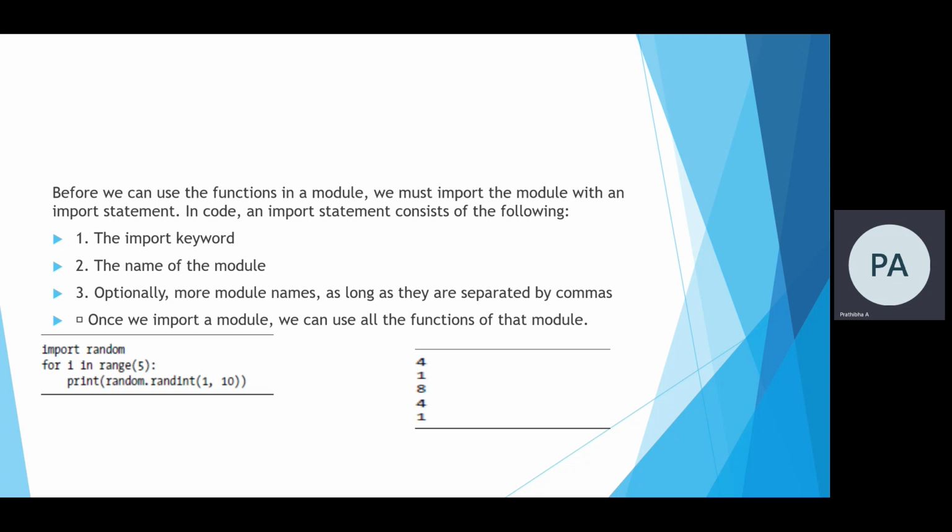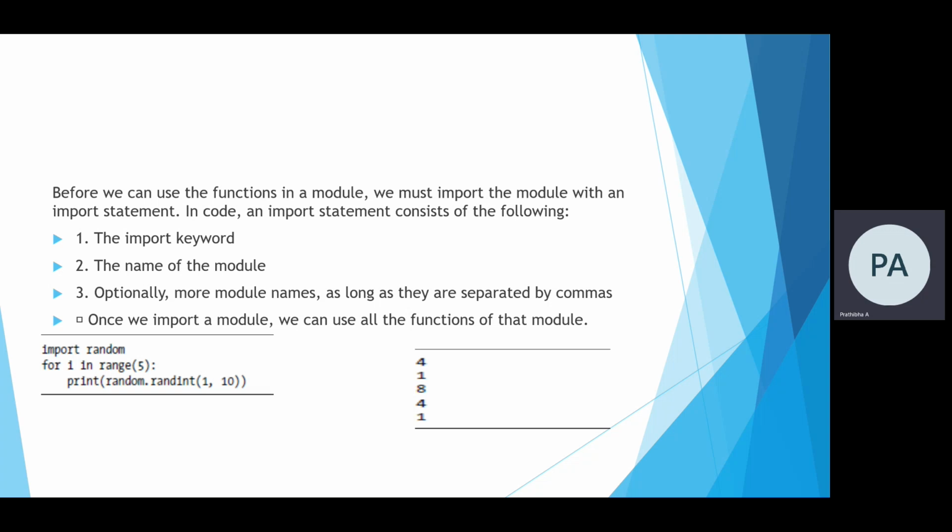Here you can observe that import random means you are importing a module called random into your program, using the import keyword. Then for i in range of 5 means the loop will execute the statement five times, and you can see we have indentation.